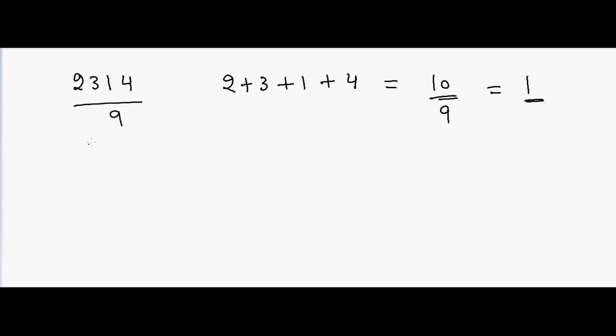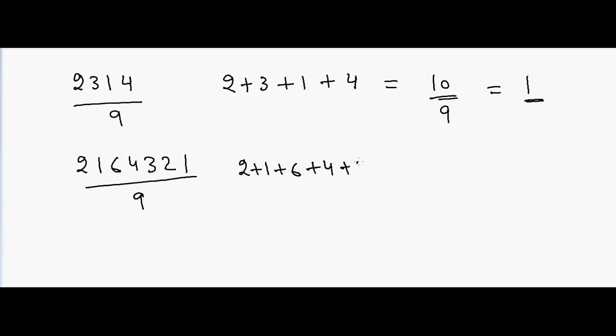Another example is 216432 1. You can see it's a very large number. What will happen if you divide it by 9? In that case, 2 plus 1 plus 6 plus 4 plus 3 plus 2 plus 1.